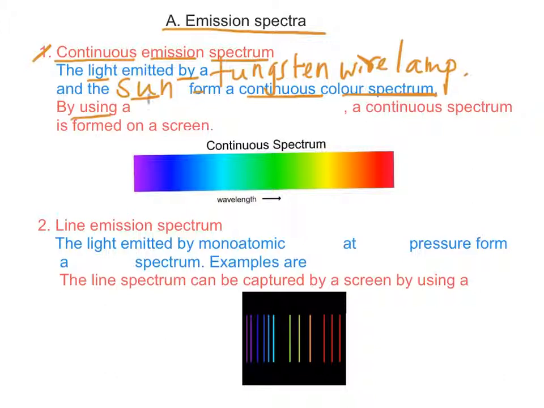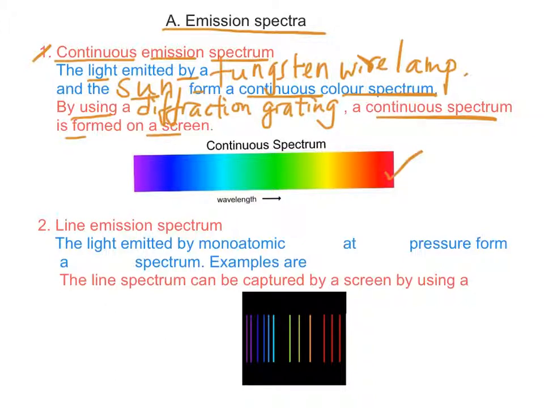By using a diffraction grating, a continuous spectrum is formed on a screen, as shown.